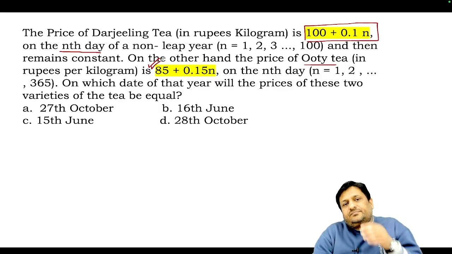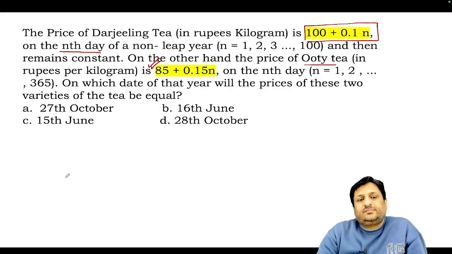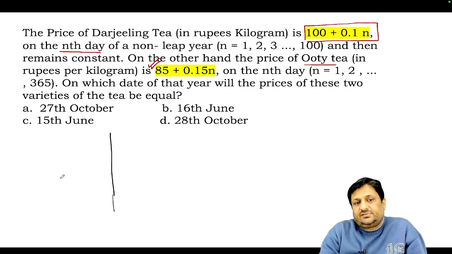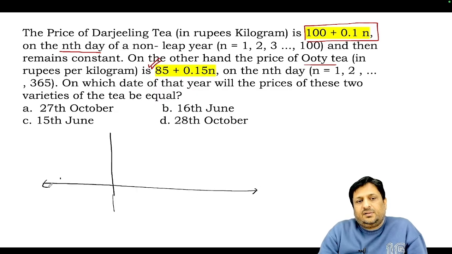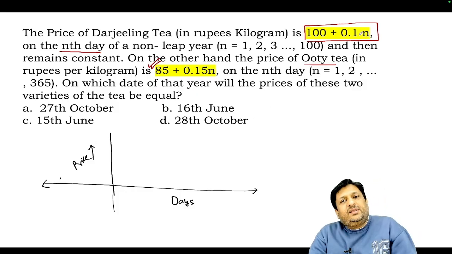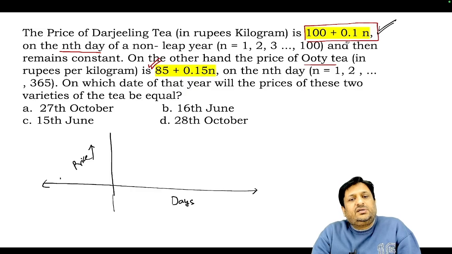Okay, let's see. First I'm going to understand this question. Look, if I try to make the graph of these two lines, what is going to happen? Let's say the x-axis denotes the number of days and the y-axis denotes the price of the tea. So when n is 0, the price of the Darjeeling tea was 100.